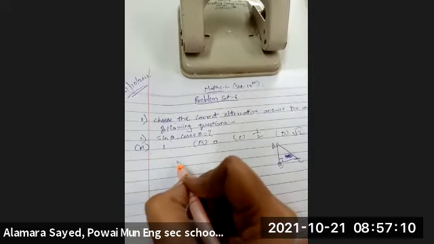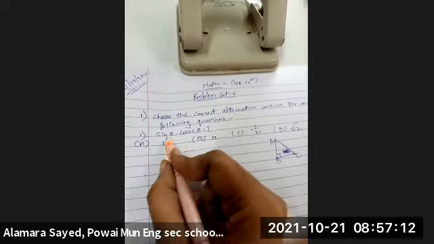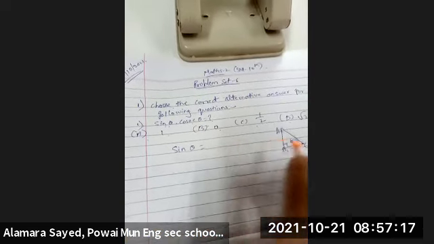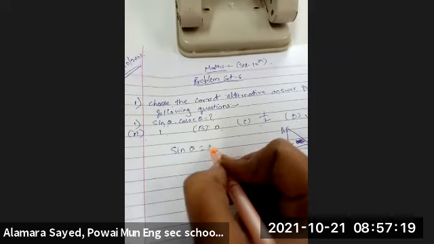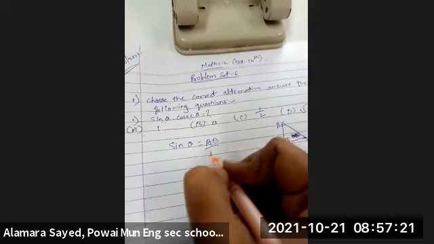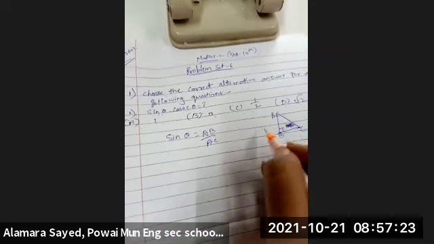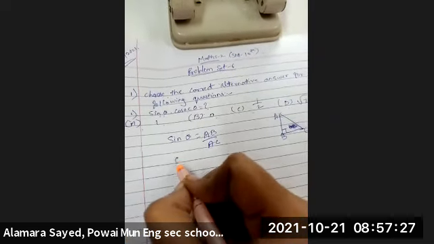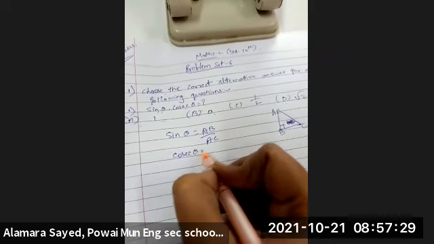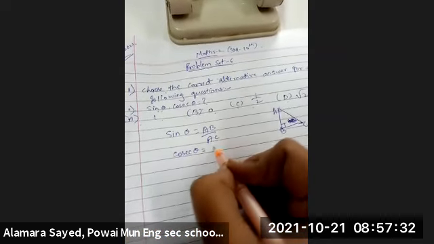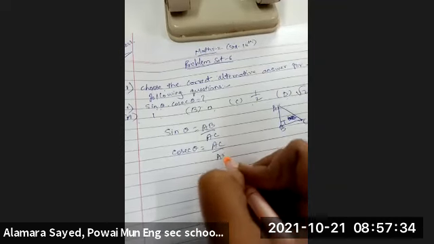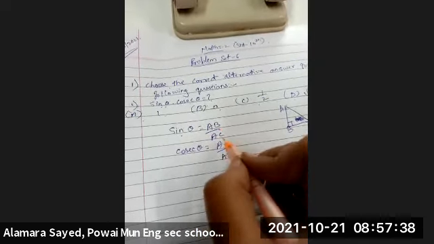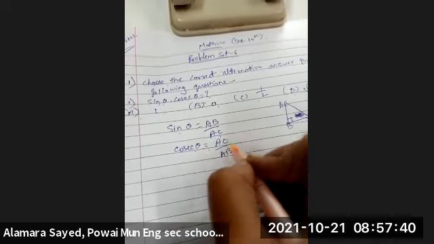When we see the ratio of sine theta, as per this figure, it will be AB upon AC, that is opposite side upon hypotenuse. The ratio of cosec theta is the opposite of sine, that is AC upon AB. So sin theta is AB upon AC, and cosec theta is AC upon AB.